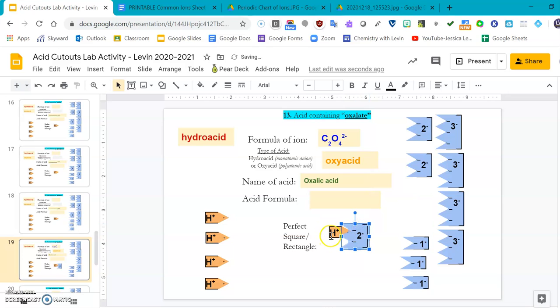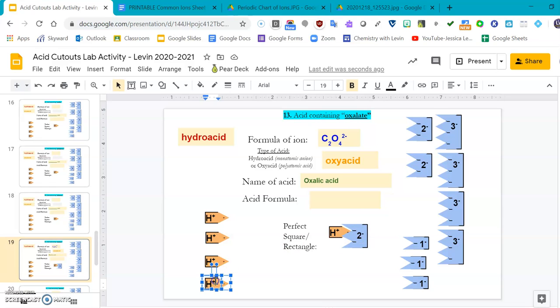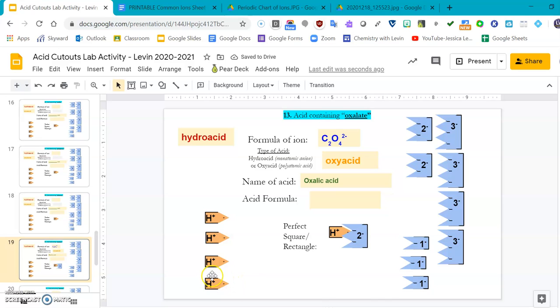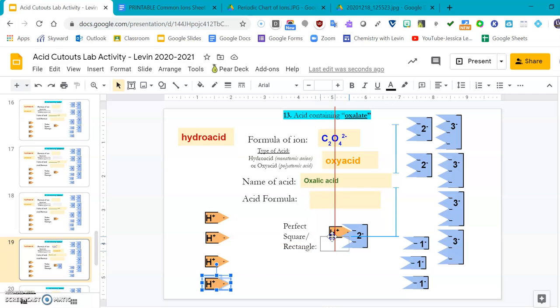How many H's am I going to need to combat that 2 minusness? I'm going to need another H. So I'm going to drag that over. See, if it doesn't work, you can always hit Control Z. You want to make sure that the blue boxes aren't up like that, and then you can drag the whole thing on over. Control Z just undoes anything. But now we get that nice little perfect square there.